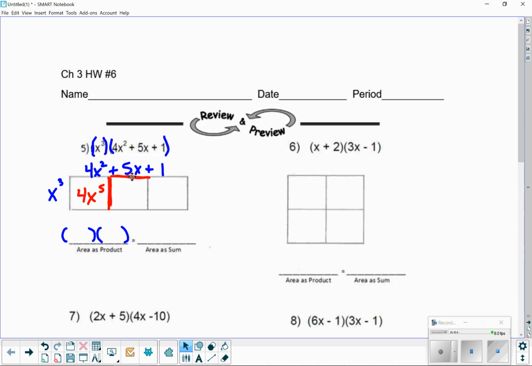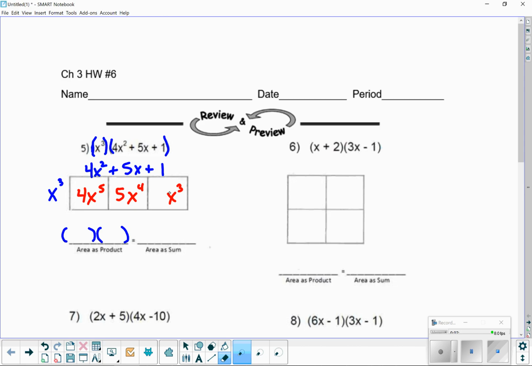So x to the third times 5x is going to give me 5x to the fourth. Then I need the length of this, x to the third, and the length of this, which is 1. So x to the third times 1 makes 1x to the third, or if you want, you can just call it x to the third.